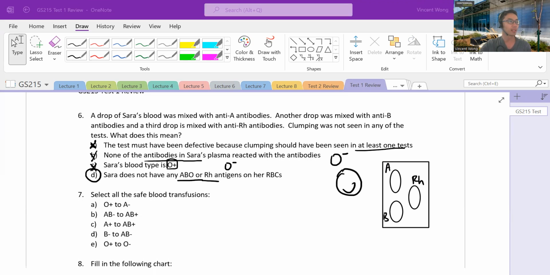Okay, select all the safe blood transfusion. Let's do that. This one is multi-select. Go ahead.